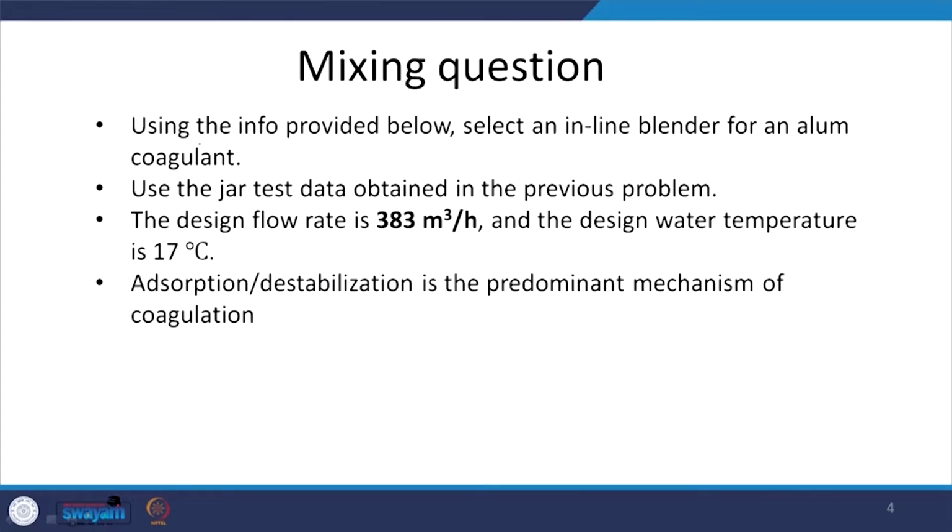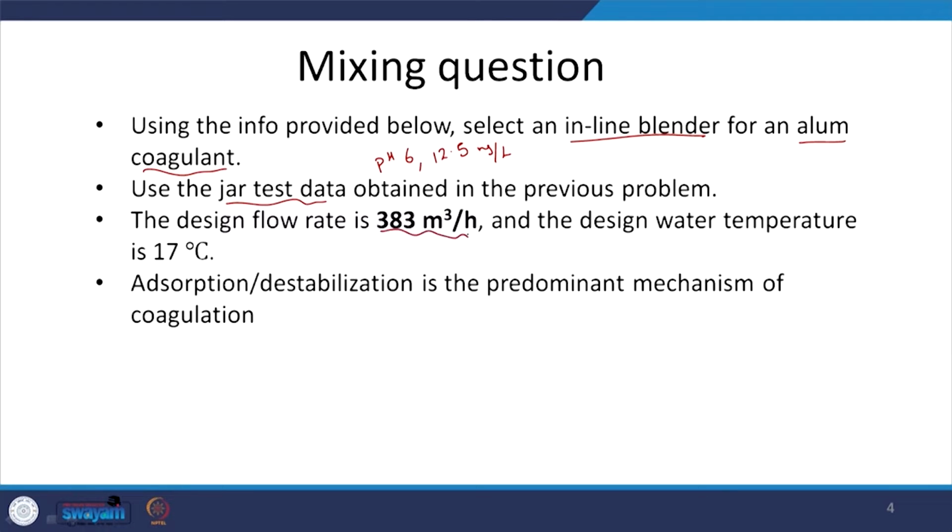Let's go through. So here we have a problem. Using the info which will be provided, we want to select an inline blender where we are adding coagulant. And what's the data? We are going to use the data from the previous case, and for that case I think the pH was 6 in the last session, and also something like 12.5 milligram per liter or such, but it should be presented in the succeeding slides.